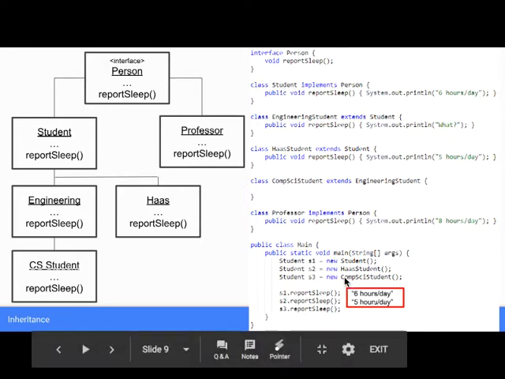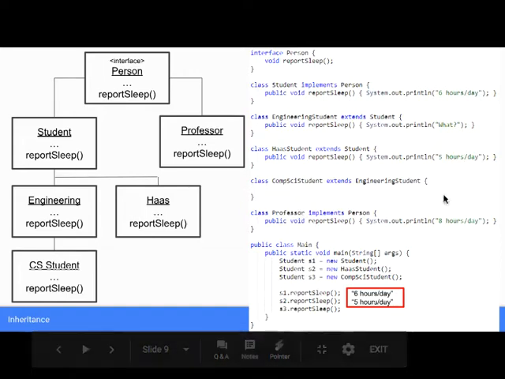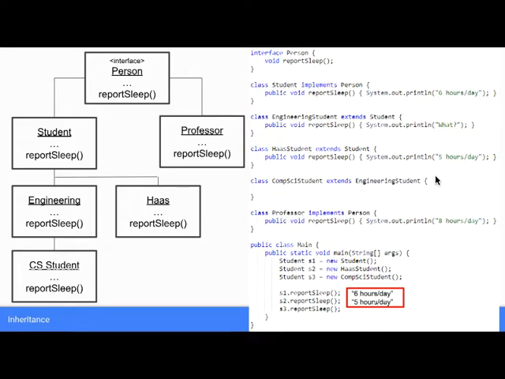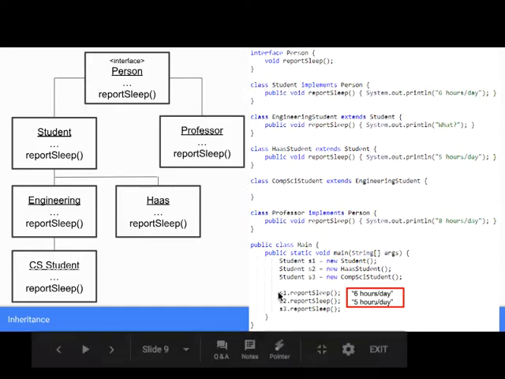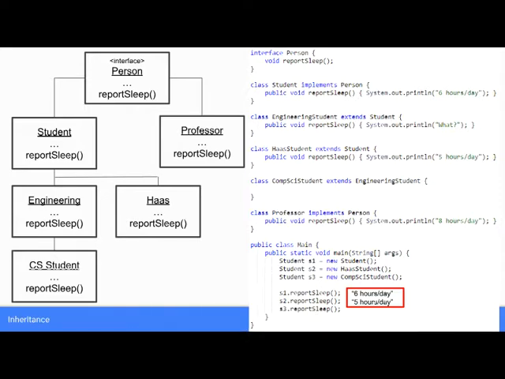So we're first going to check the class CompSciStudent. Does CompSciStudent have a method called reportSleep? No, it doesn't. So we're going to traverse up the inheritance structure and go to its parent class, which is EngineeringStudent. Does EngineeringStudent have a method called reportSleep that takes in no arguments? Yes. Therefore, we stop there and we use that one. Therefore, we print out what? Exactly, because we don't know what sleep is. Yes, question.